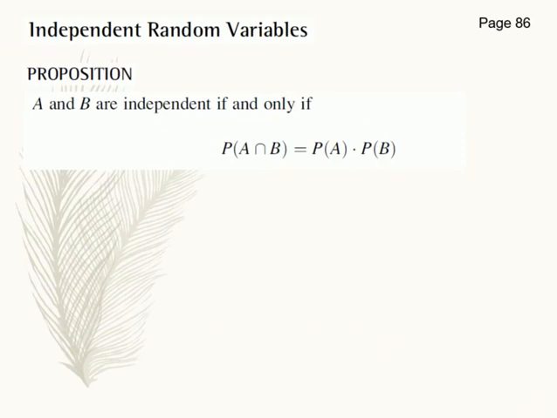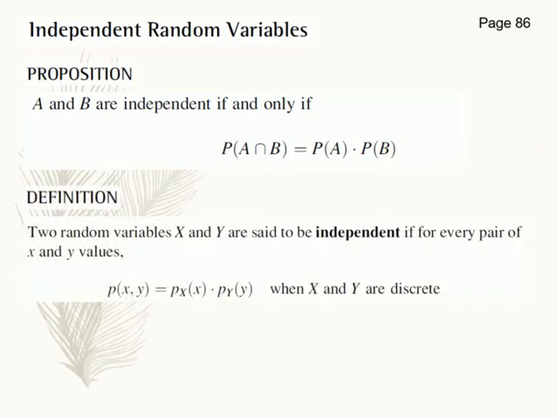Now we're going to have a look at what does independence look like in this case. It just follows straight from what you've done before on page 86. This is what we had. This was chapter 2. If A and B are independent, then this would be the case. Now, if x and y are independent, this is now chapter 5, then you'll find that your pxy is equal to the probability of x, that's the marginal probability, times the marginal probability of y.